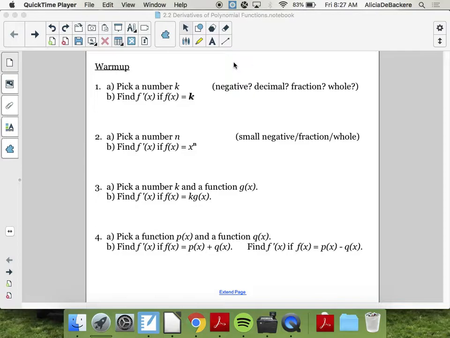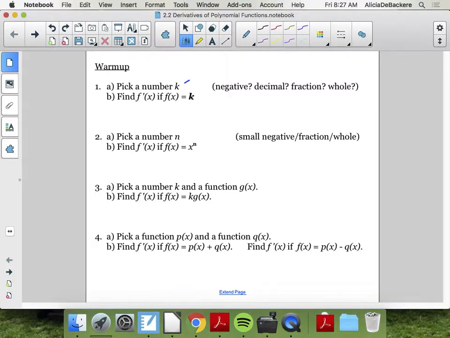Okay, so hopefully you finished that up and you've done your investigation. What we're looking at here is when I pick a number k, so I'm picking some number, like maybe I pick -5. When I take the derivative of that, and I'm using my limit formula, the derivative is equal to all of this jazz.